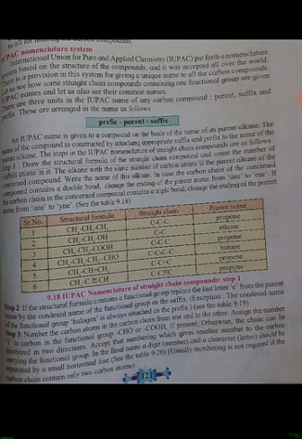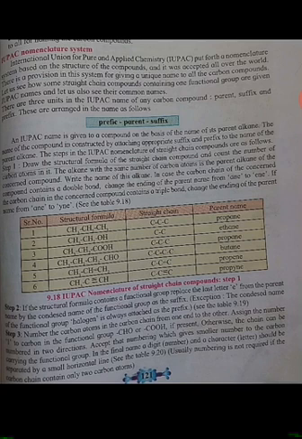In the fifth example, the structural formula is CH3, CH, with a double bond, and CH2. So here the straight chain is C-C double bond C. Here the parent name will be changed.